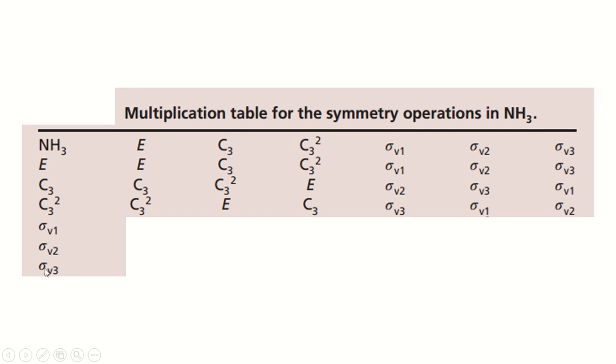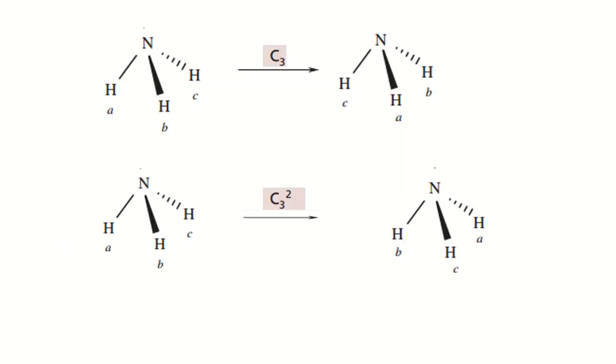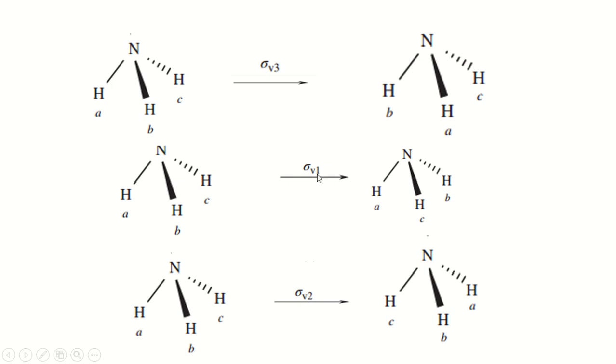So what will happen if we apply sigma V1 with the C3? First we need to apply sigma V1. This is the plane of symmetry for sigma V1, and we know that HA and N will remain constant, and the plane of symmetry is along this angle through HA and N, but the positions of B and C would definitely change.